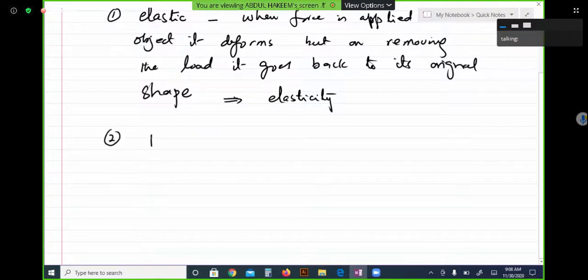Number two, plastic material or the plasticity.